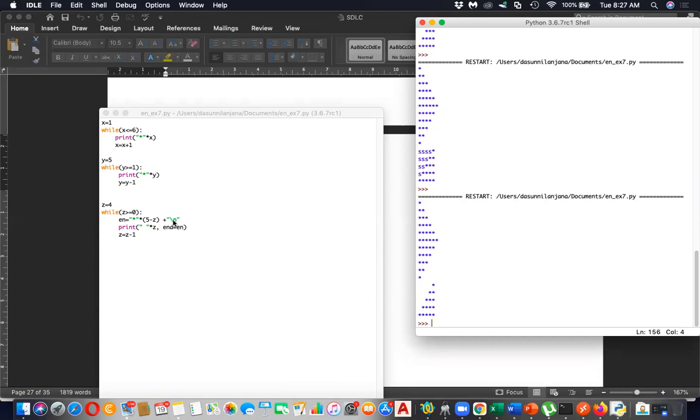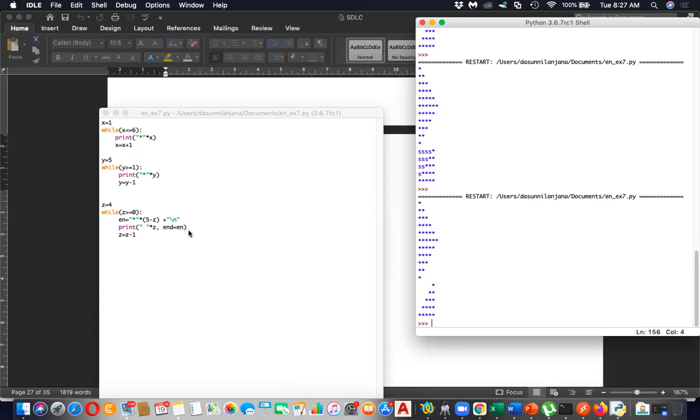What I have done is a dynamic end. Dynamic end means first time end with 1 star and new line, second time end with 2 stars and new line, third time end with 3 stars and new line, and so on up to 5 stars and new line. So that is dynamic end.